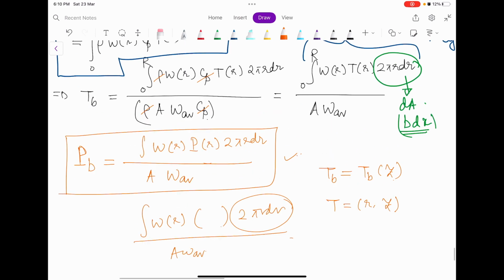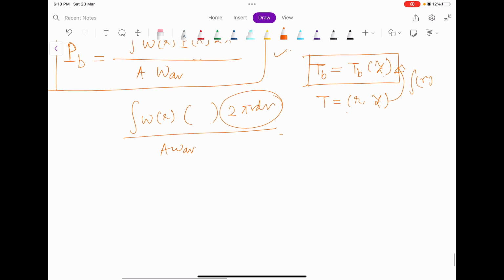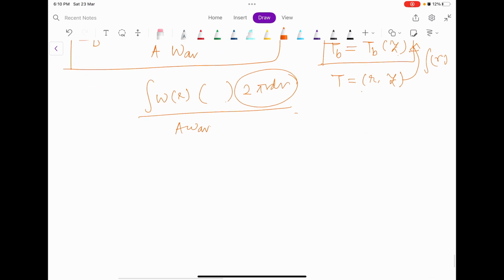But to find Tb, you have integrated this T over r, and that is how you got the bulk mean temperature. As this is a definite integral, Tb is no more a function of r, it is only a function of z.